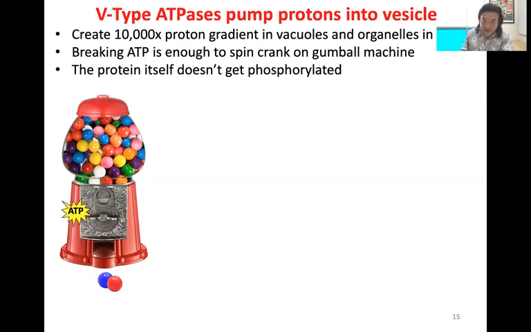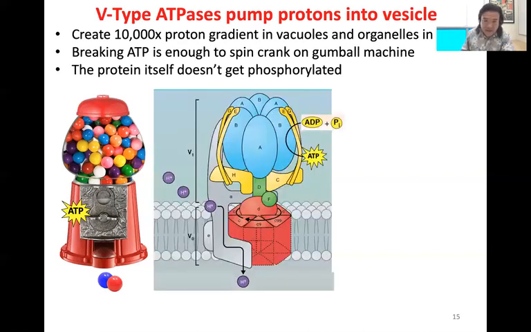Look at the structure of one of these V-type ATPases. Here it is. I think this is wonderful. This is a complex quaternary structure of different protein subunits that form a little machine, but in this case, the little machine is made up of individual parts.